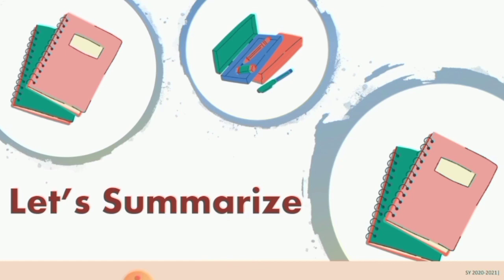When we say paragraph, it is a group of sentences that form the main topic. And then we have 3 parts of a paragraph: the topic sentence, the supporting details, and the conclusion or the concluding sentence.